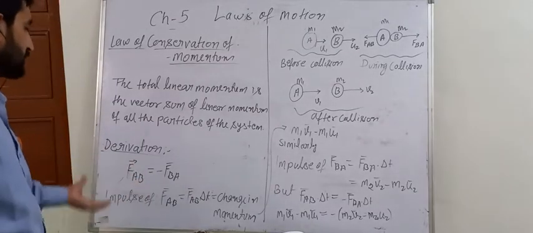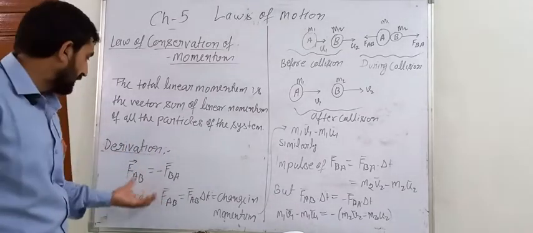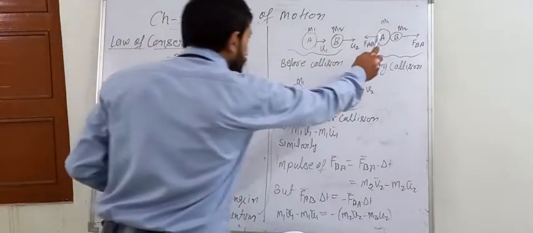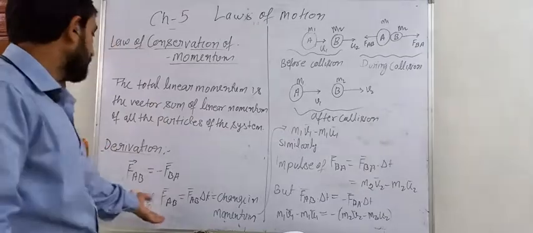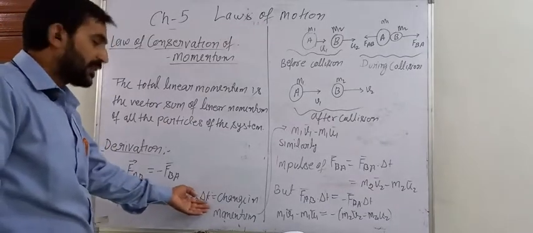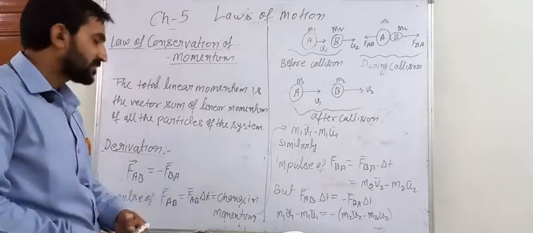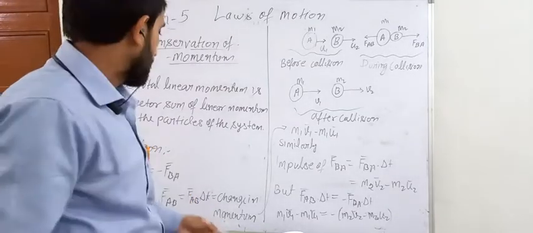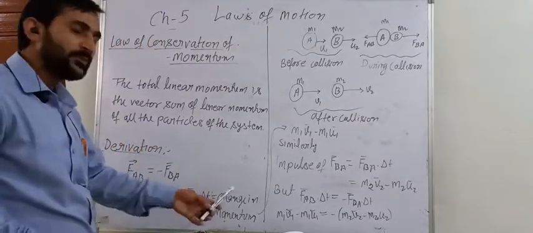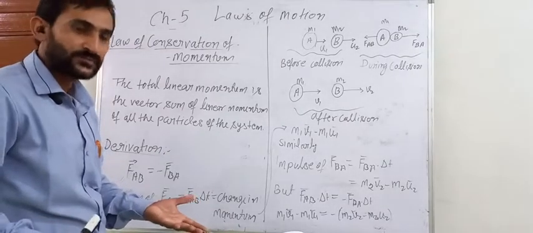Now the impulse of FAB means the impulse of this force for a short duration of time. It will be FAB delta T, because impulse is nothing but a force for a little time. F delta T equals change in momentum.